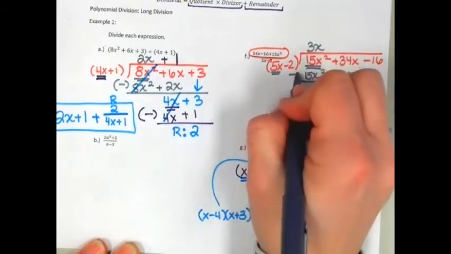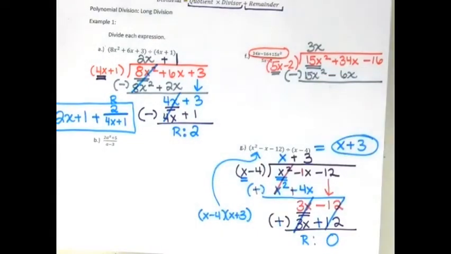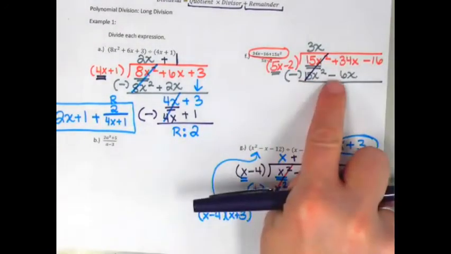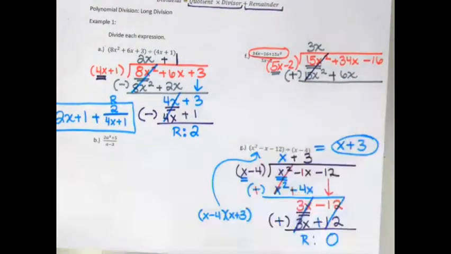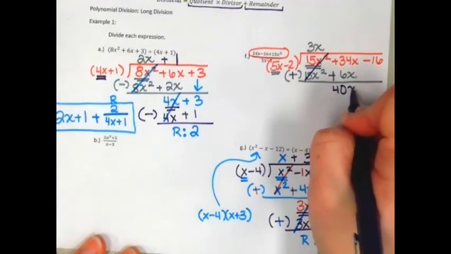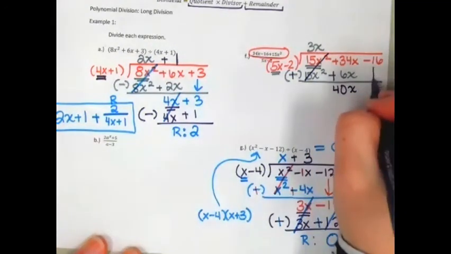And now we subtract, right? What's 15x squared minus 15x squared? 0. A negative and a negative make a positive. So what's 34x plus 6x? 40x, is that right? And then bring down the minus 16.